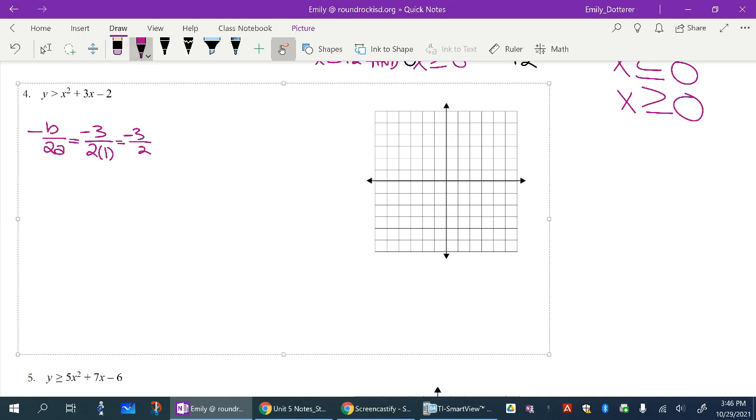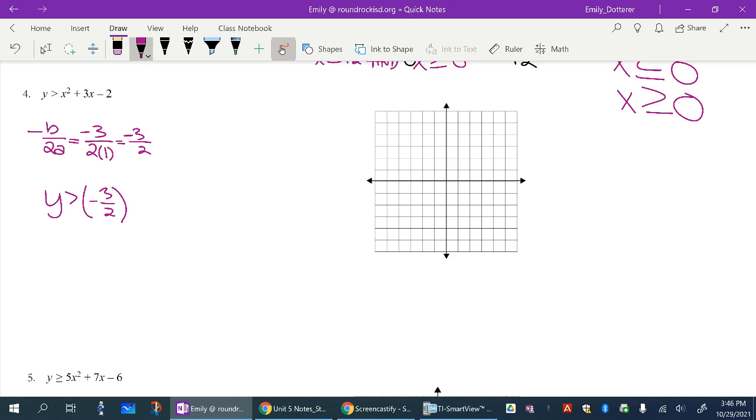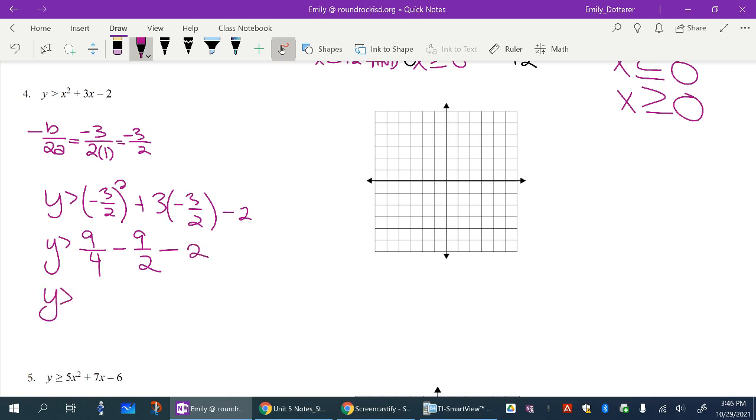So now we have the x value, and we plug it in to find the y. Remember that when we square a fraction, we square the numerator and the denominator. And we need a common denominator in order to add or subtract.